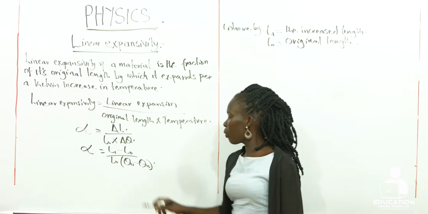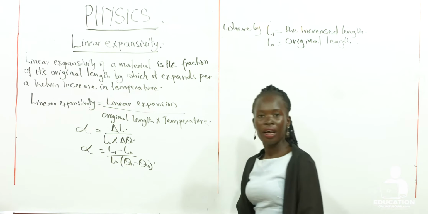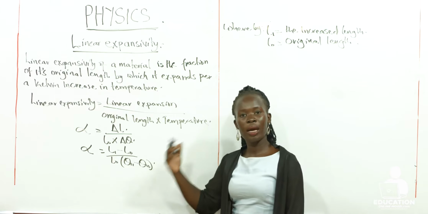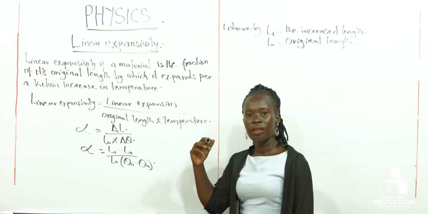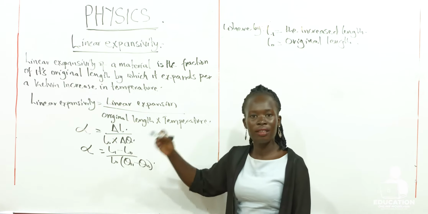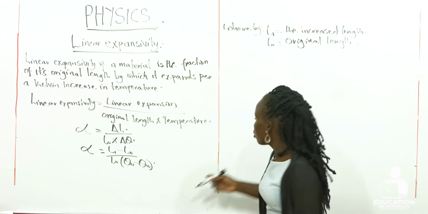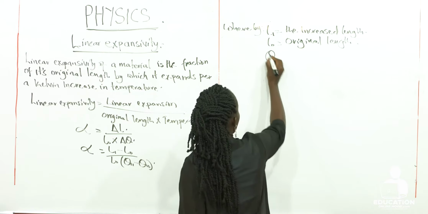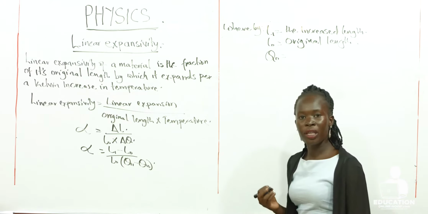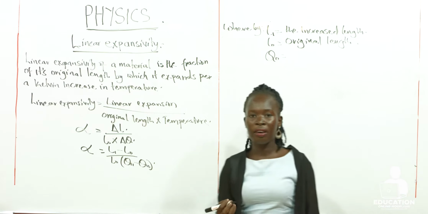We have θ1, and then we have θ naught. The θ here stands for temperature. So if you have it like dθ, that is the change in temperature. Our θ naught is the initial temperature the body was having.